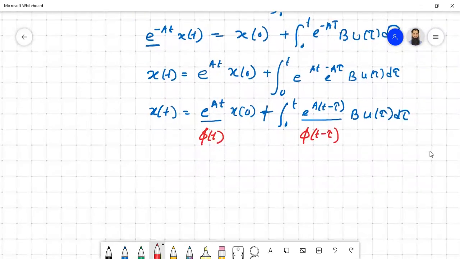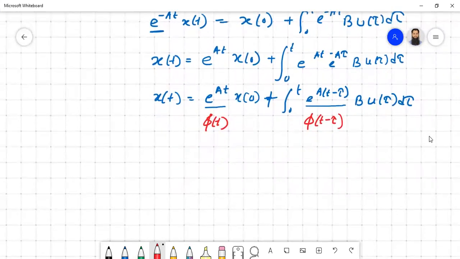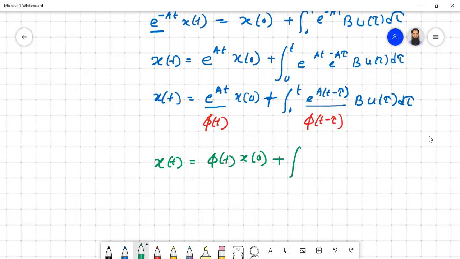So we can write our final equation. The solution basically is xt equal to phi t x0 plus integral 0 to t phi t minus tau b u tau d tau. So this is our solution.